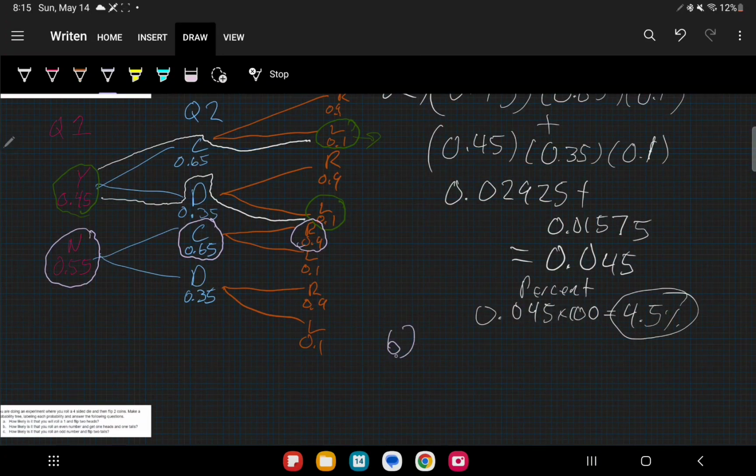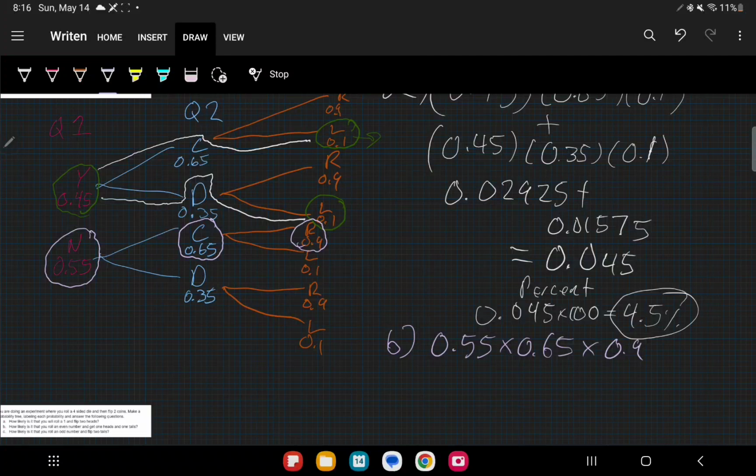So B is equal to, or not equal to, sorry. We get B is 0.55 times 0.65 times 0.9. We multiply those out.